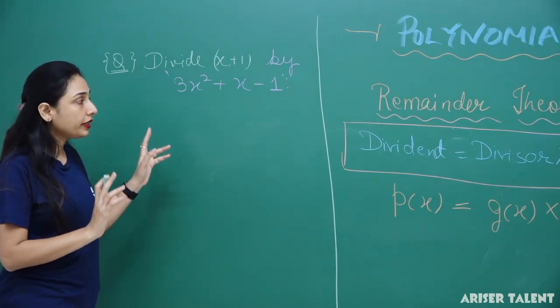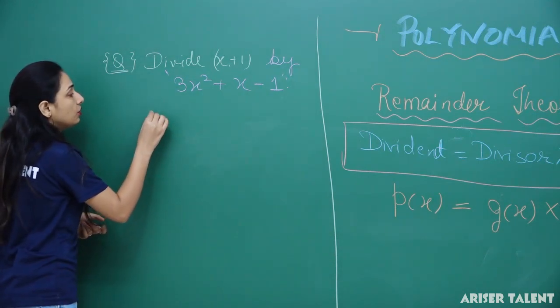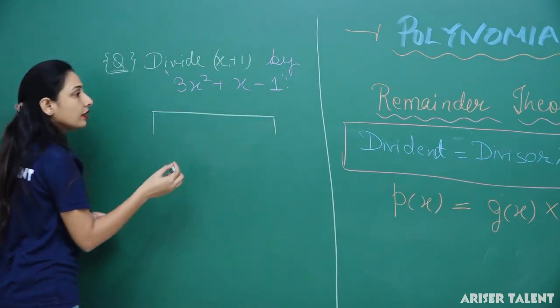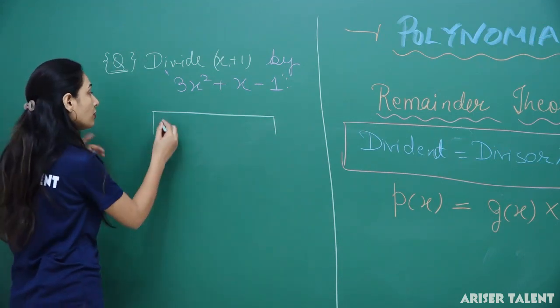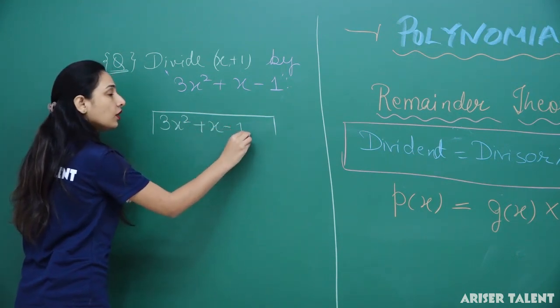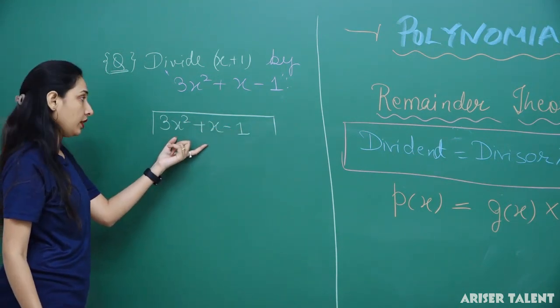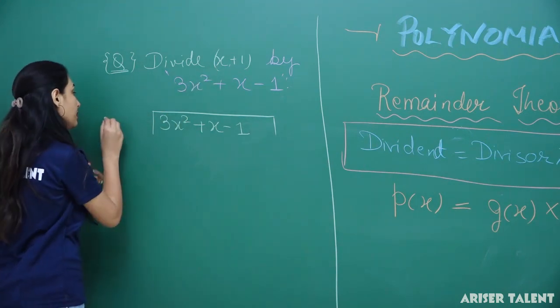You know how to do it in numbers. Now have a look at this. We are going to apply the same long division process. This is very simple, very easy, just concentrate. 3x square plus x minus 1 is our dividend. Here we will be writing the divisor and the divisor is x plus 1.